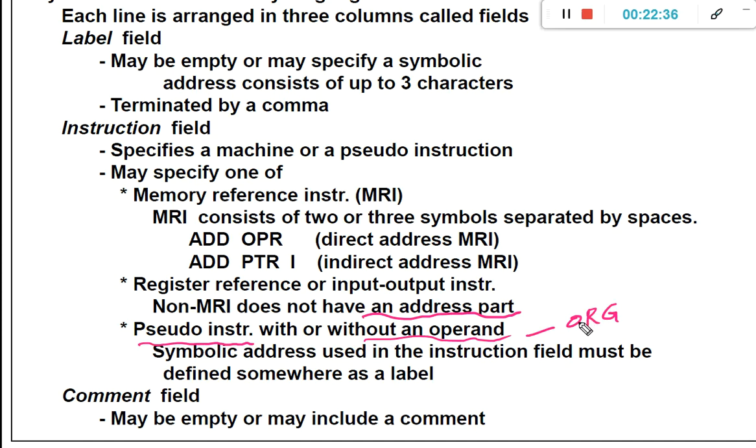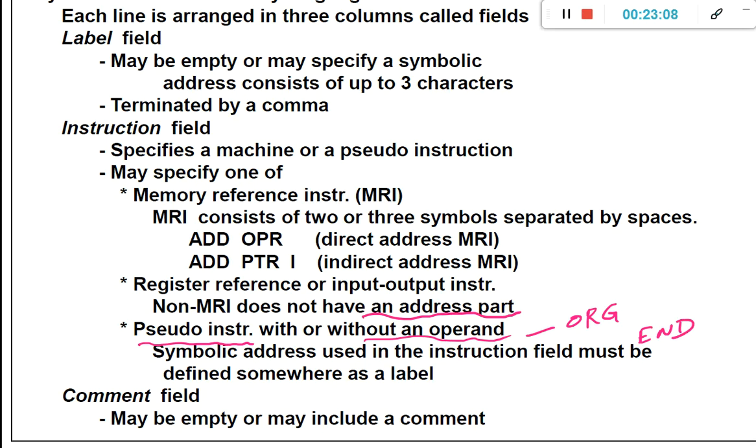A pseudo instruction is actually not related to the assembly level programming code; it says something else. In the case of ORG, it says that the origin of the program is starting at memory location 0. Similarly, there is a pseudo instruction such as END. END represents the end of the program.